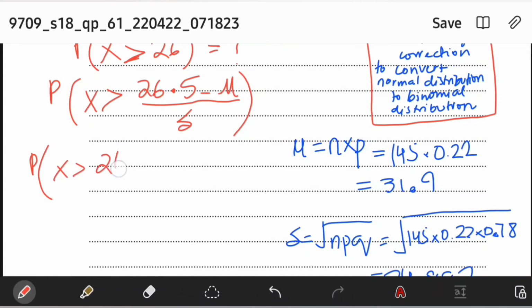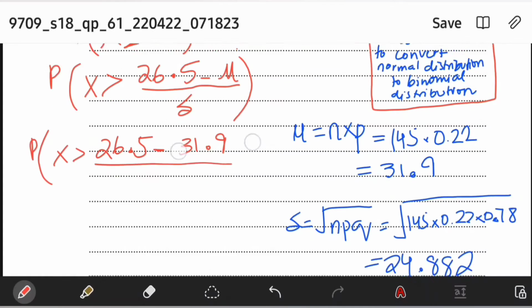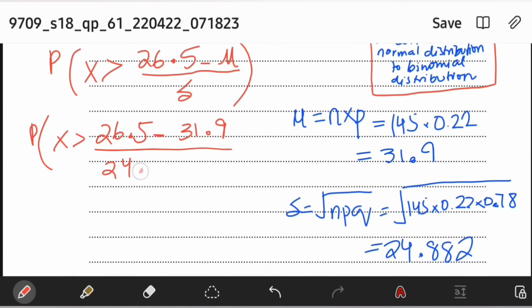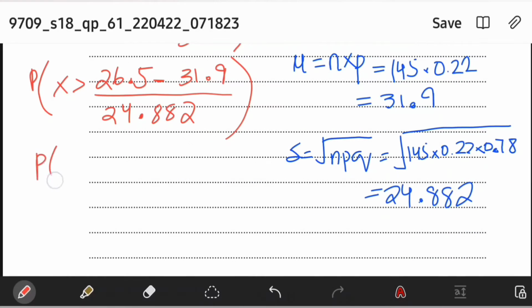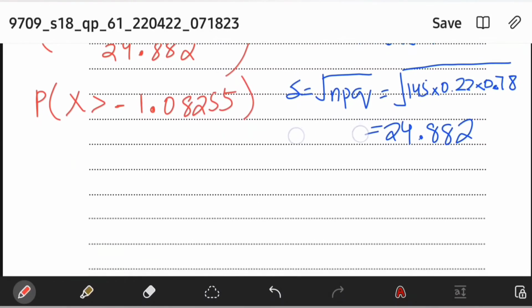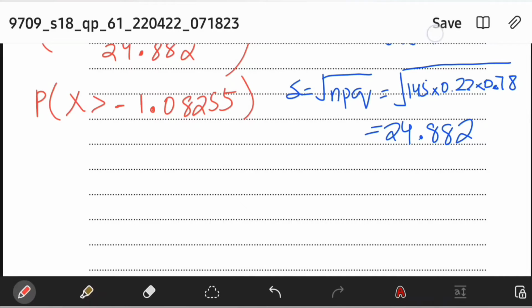x is greater than 26.5 minus 31.9 over 24.882, and the answer would be, actually minus, 1.08255. Now the formula for this is 1 minus Φ(1.08255).